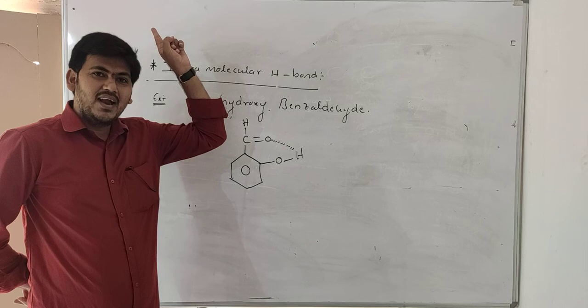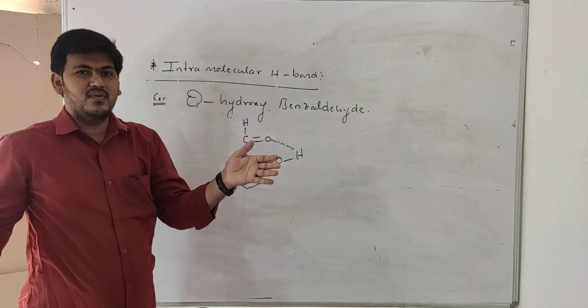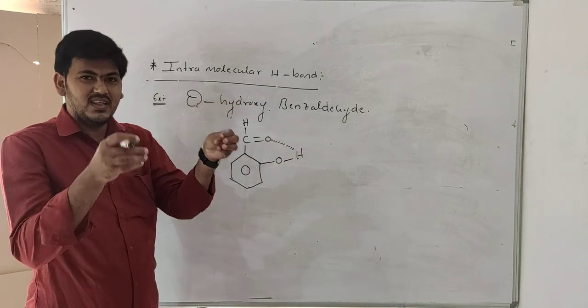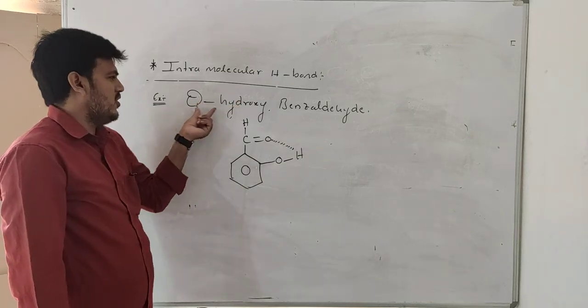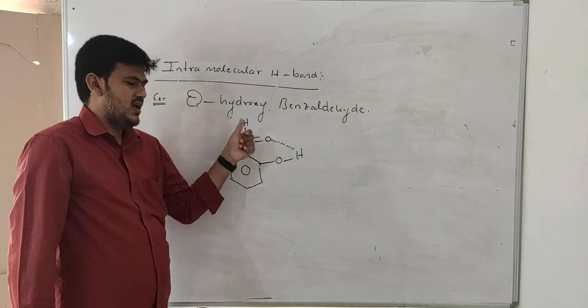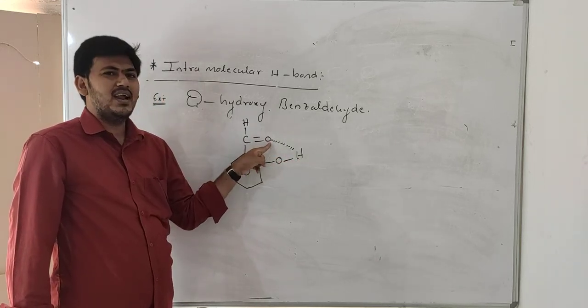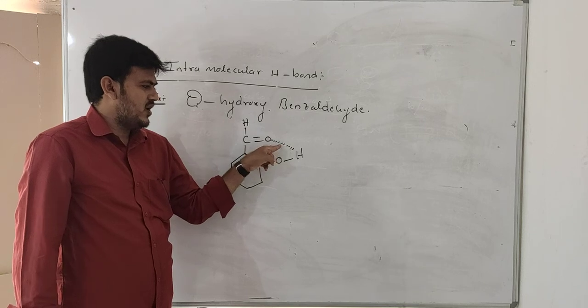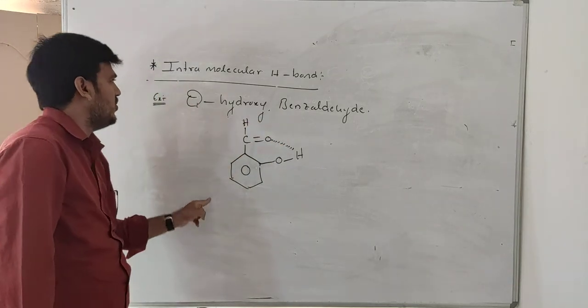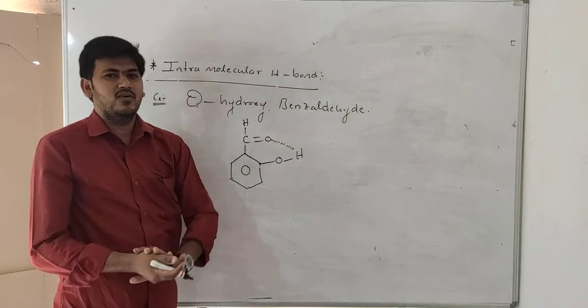So intermolecular hydrogen bond means between two molecules. Intramolecular hydrogen bond means within the molecule. Example, ortho hydroxy benzaldehyde: the hydrogen atom and the more electronegative atom. A hydrogen bond formed within the molecule is called an intramolecular hydrogen bond.